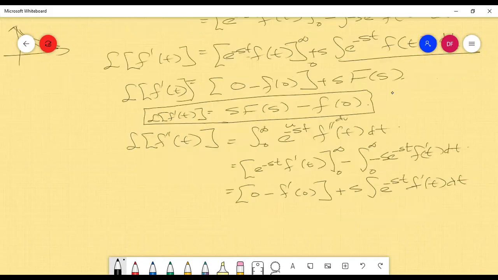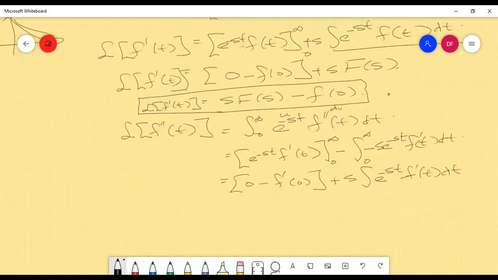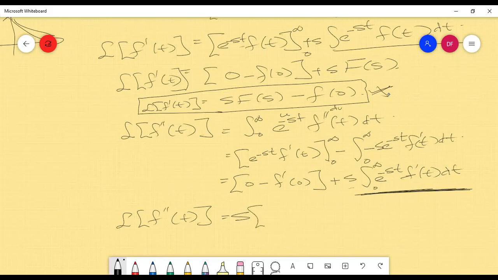But we already know what this is. This is the Laplace transform of the derivative, which we have up here already. So therefore, the Laplace transform of the second derivative is equal to s times the Laplace transform of the derivative, which is s F(s) minus f of 0, and then minus f prime of 0.